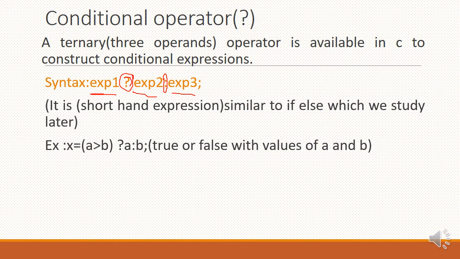So here you see x is equal to, this is your expression 1. Let us compare syntax. This is your expression 2. This is your expression 3. Colon is there. Question mark is there. Then how is it going to execute? Always this conditional operator gives the value in true or false.